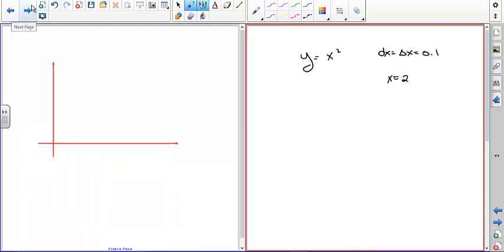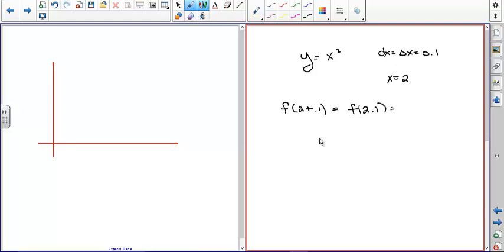So what we're going to do here is show the difference between dy and delta y. We're given the function, kind of like the one that I just sketched. It's a parabola. Delta x and dx are the same, a small value, 0.1. They're asking us to do two things. First, find the value of the function at 2 plus 0.1, which is the value of the function at 2.1.